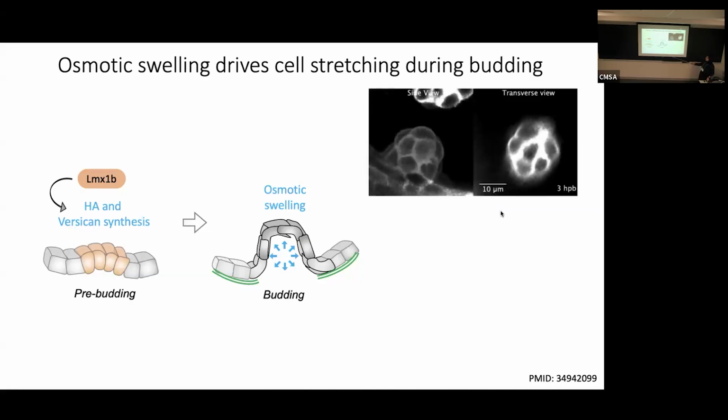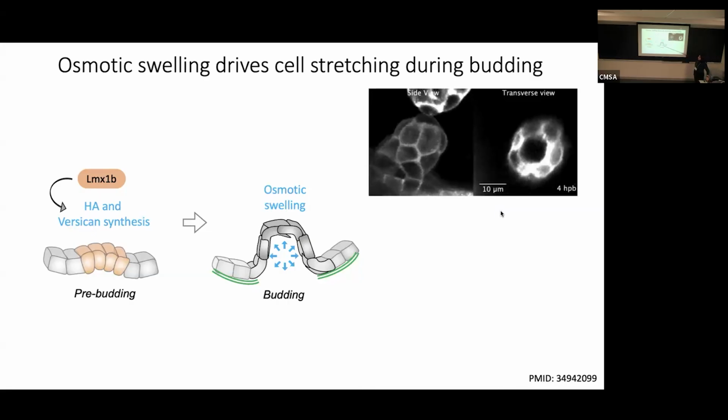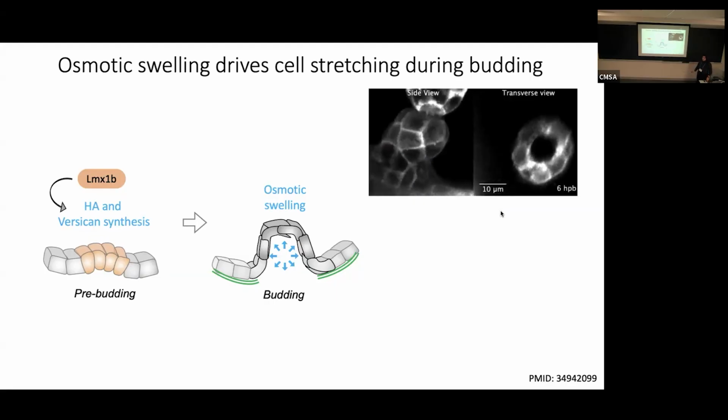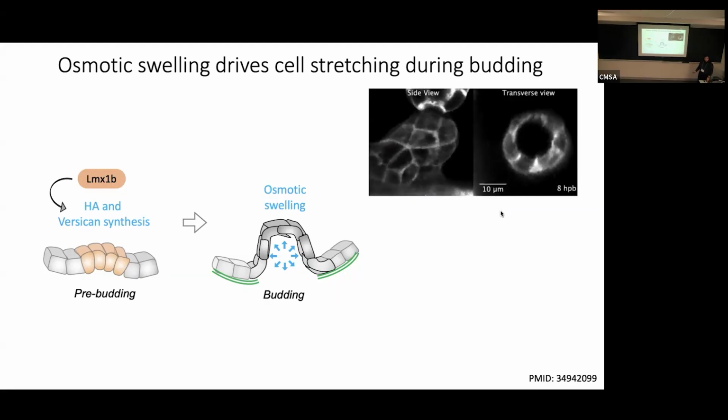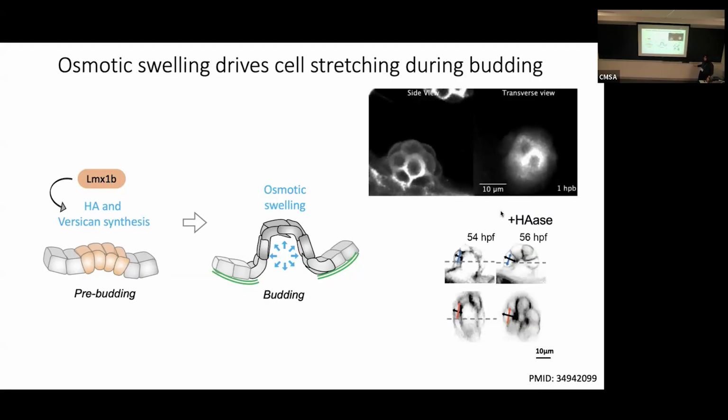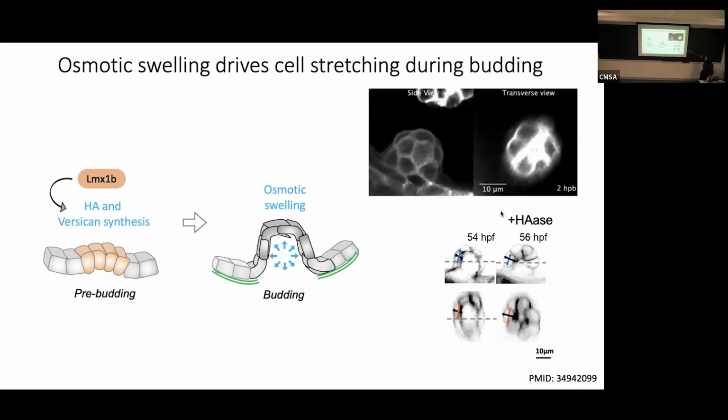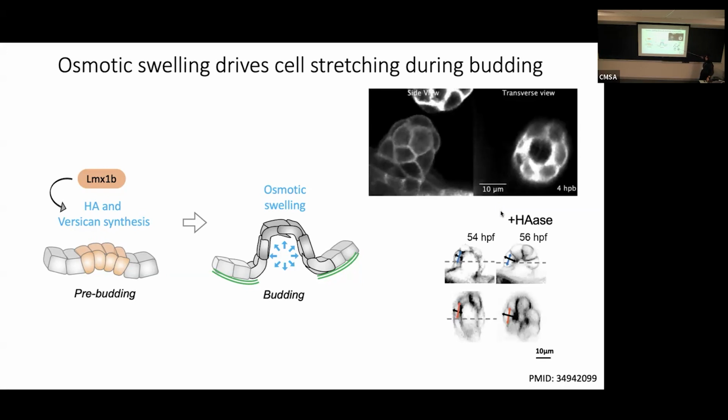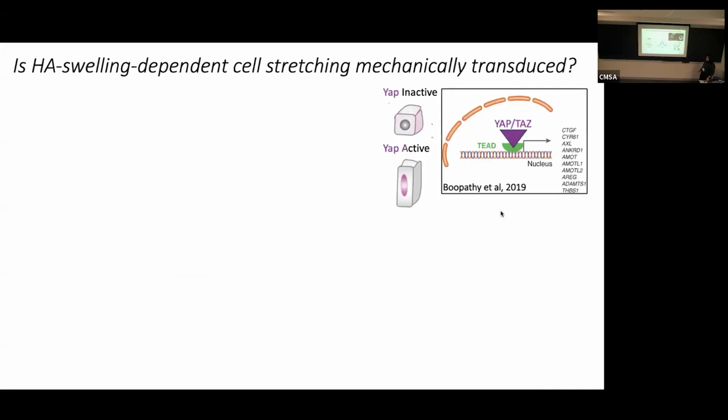So one thing I didn't mention is that as this osmotic swelling of the ECM is happening, the overlying cells are stretching significantly. As I mentioned, they are not dividing, but they are stretching. And this is in response to hyaluronic acid, such that when I digested this ECM, the cells lose their stretch.